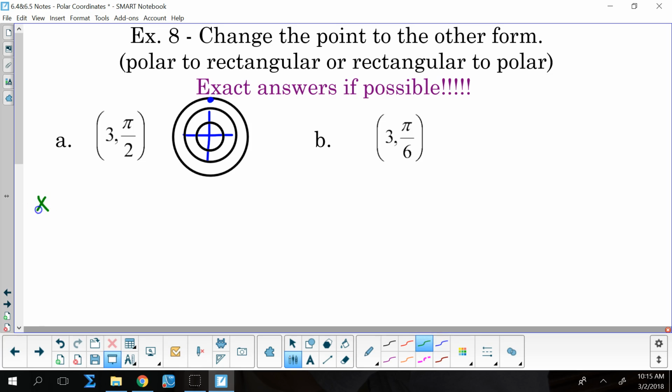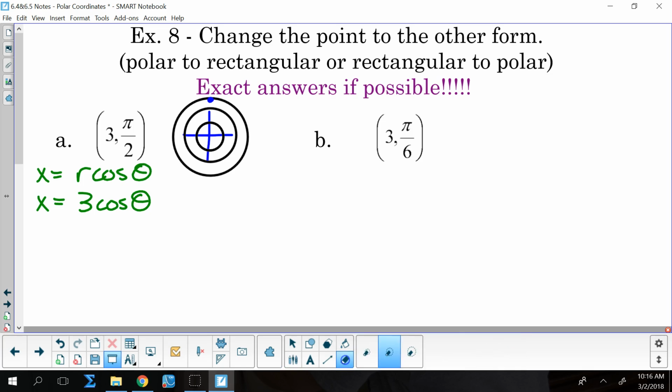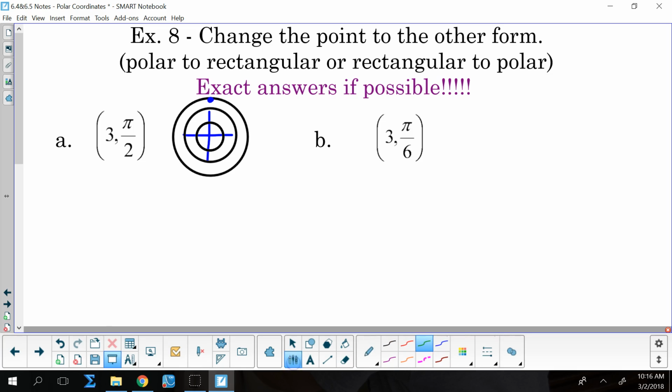So x here is going to equal r cosine of theta, so that's going to be 3 times the cosine of pi over 2.